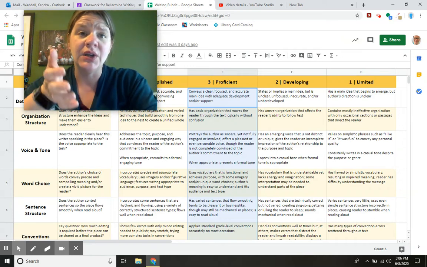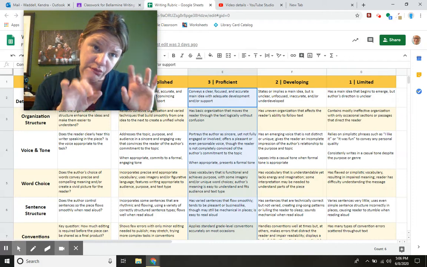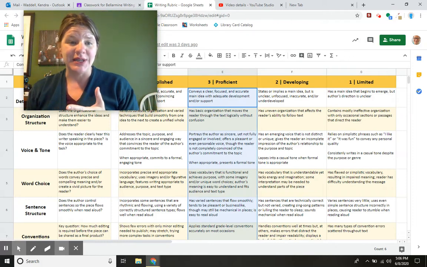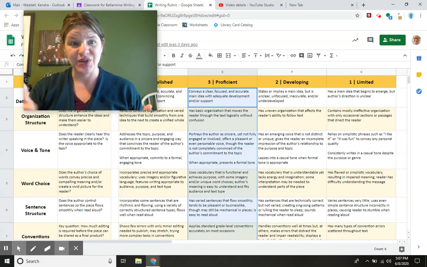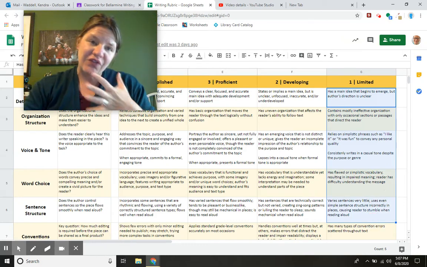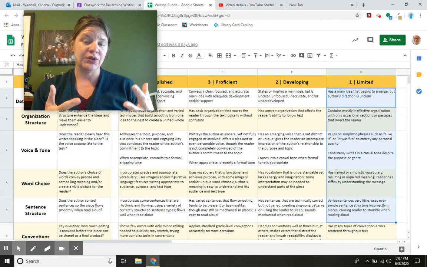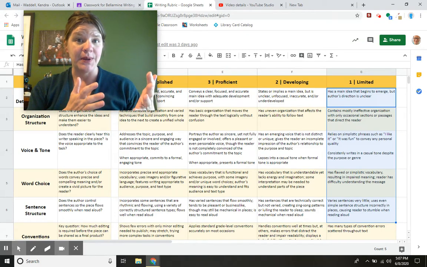Is a student who's writing at a proficient level in 3rd grade, after they go up to 6th grade, if their writing doesn't change, are they still proficient writers? No. These rubrics kind of flow with you as a writer. As you get older, the expectations of what you can do as a writer shift up.